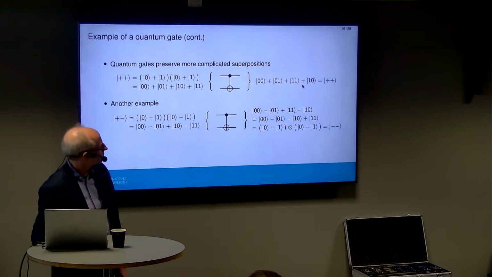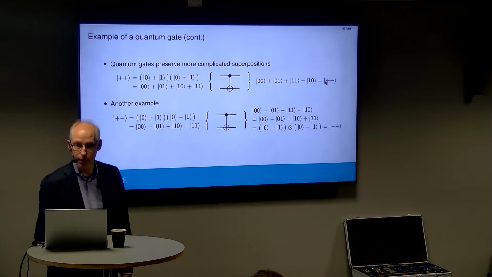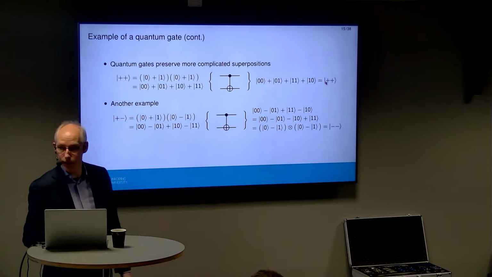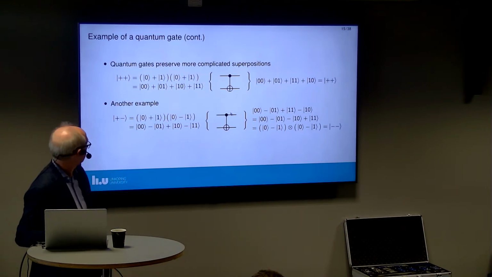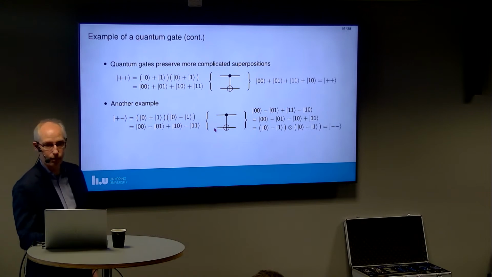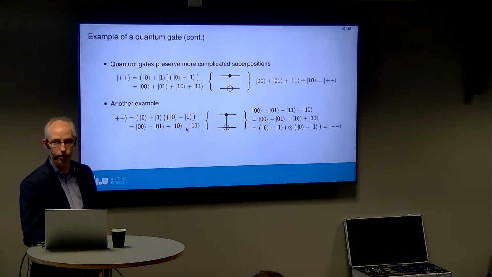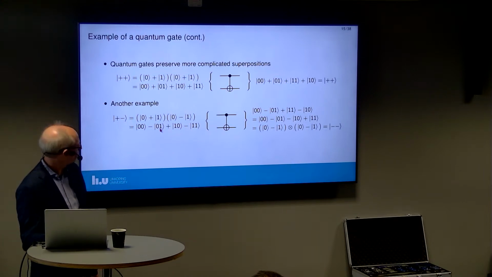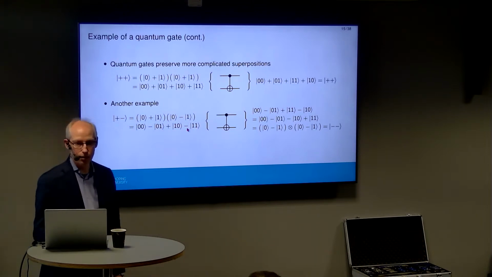But this is just a regular sum, so the order doesn't really matter. Nothing will happen to the output in this case. If I have a different superposition with a minus sign on the bottom here, that minus sign will appear here and there, because the second bit is 1 here and here. So that sign will end up here and there.